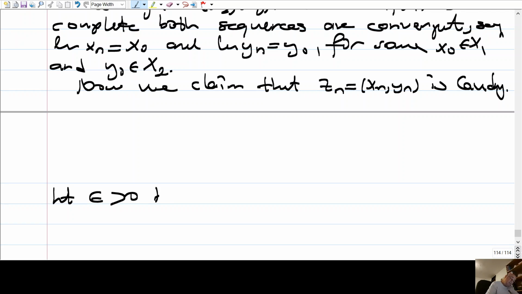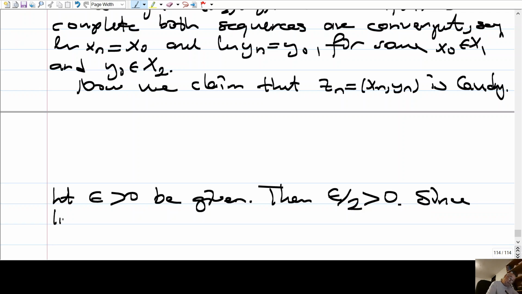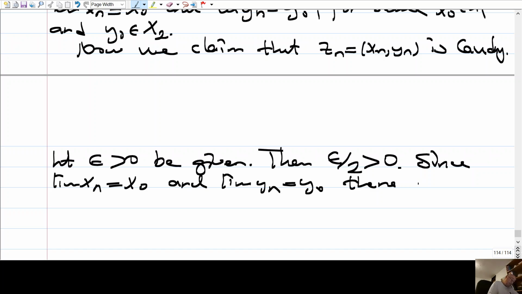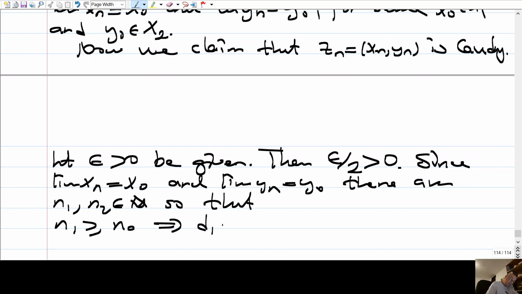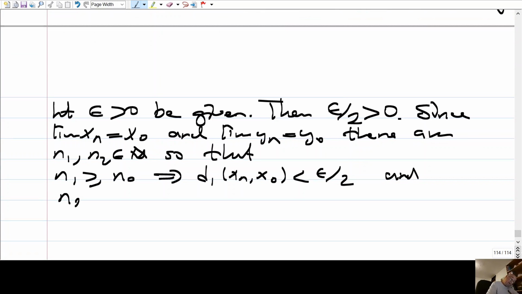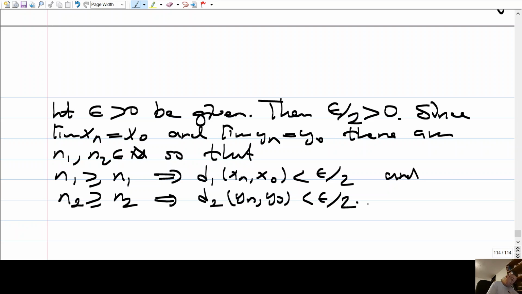Let epsilon be given, then epsilon over 2 is also positive, and since these limits exist, since limit xn is equal to x0 and limit yn is equal to y0, there are positive integers n1 and n2, so that n larger than n1 implies in the d1 metric the distance between x0 and xn is less than epsilon over 2, and n larger than n2 implies d2 of (yn, y0) is less than epsilon over 2.